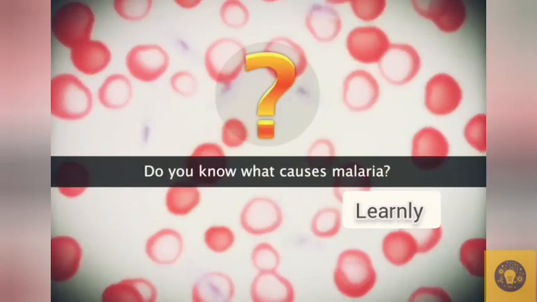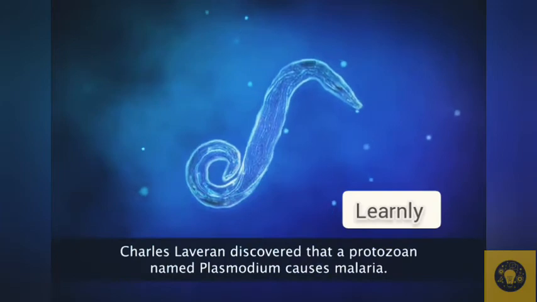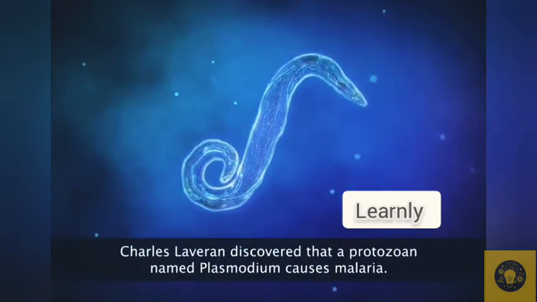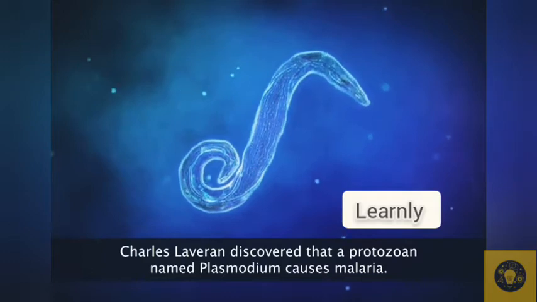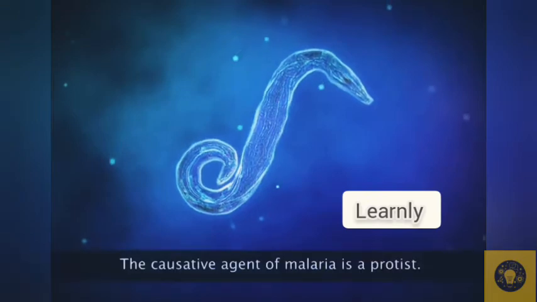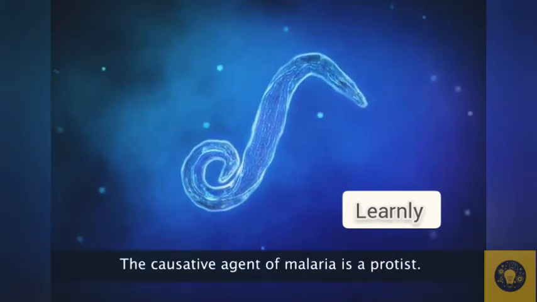Do you know what these colored bodies are? Charles Laveran went on to discover that a protozoan named Plasmodium causes malaria. Protozoans belong to kingdom Protista.